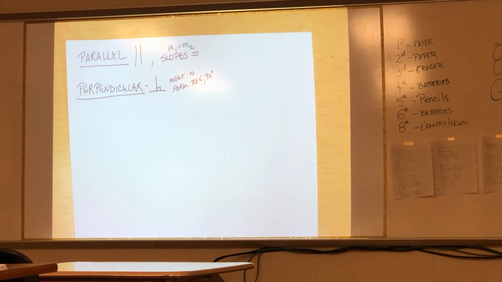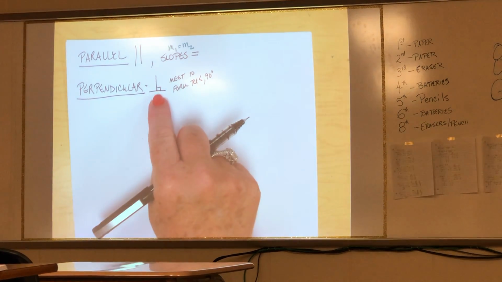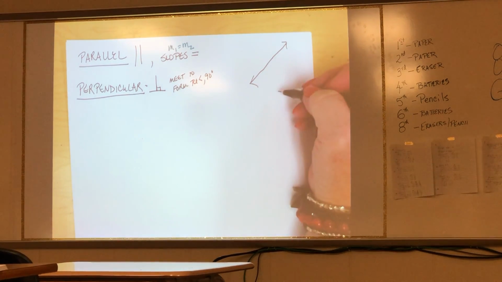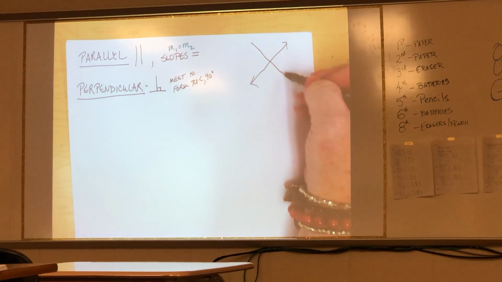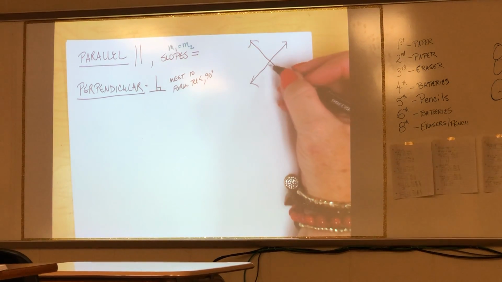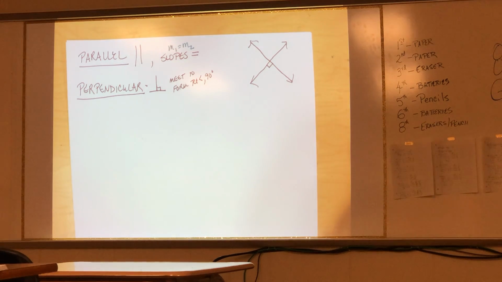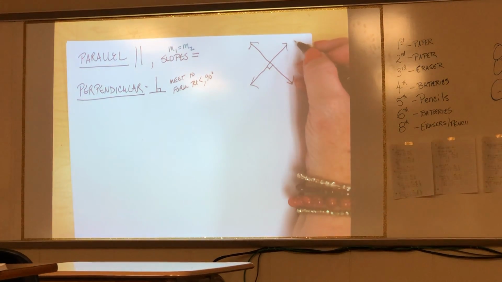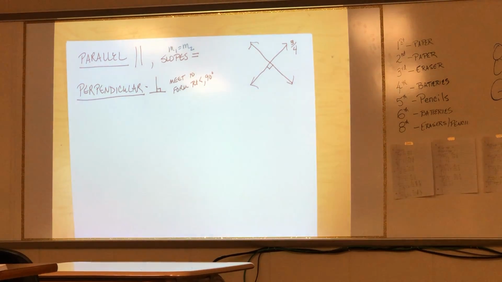All right, do all perpendicular lines look like this? No. Couldn't I have one that was right here? And then the other one would come in here just like this. Do you agree with that? Yeah. Those are perpendicular. They meet to form a right angle. What if I told you that the slope of this line was 3/4?